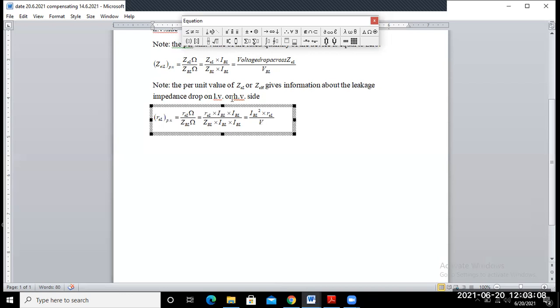Okay. So base voltage along the low voltage side into I_BL. So voltage into current is equal to volt ampere. Okay.